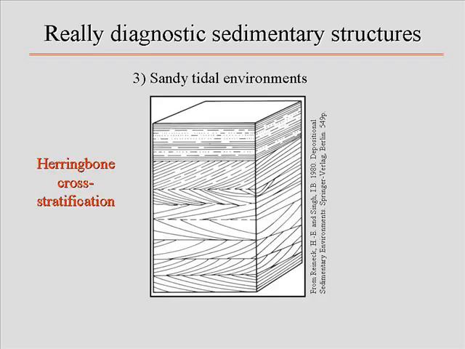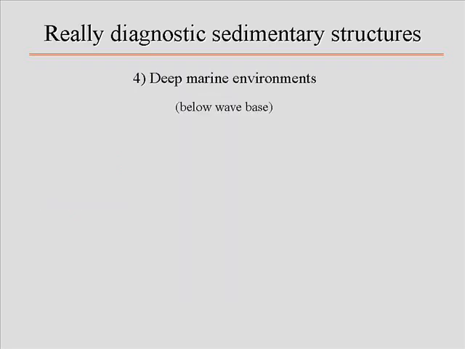And lastly, deep marine environments. This is below wave base. Once again, we're going to talk about this depositional structure a little bit later on, but I want to show you these things now so you can understand why they're so significant. Turbidites, which you would have encountered in Geology 111 and which are associated with the whole mass flow process I told you about, are associated with deep water environments where you have an underwater landslide.